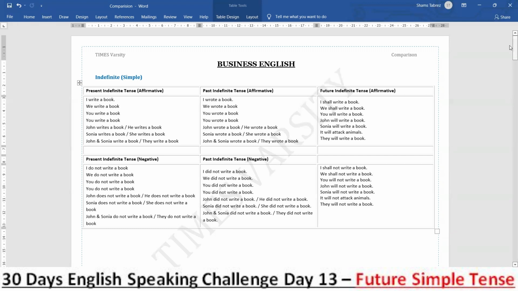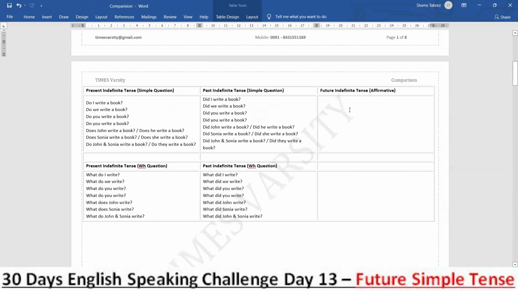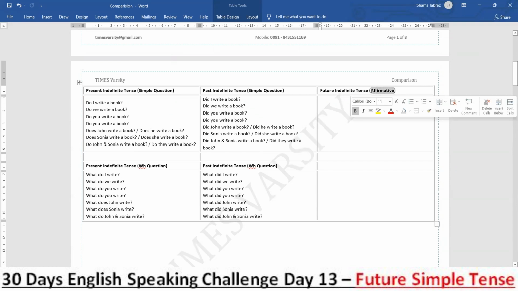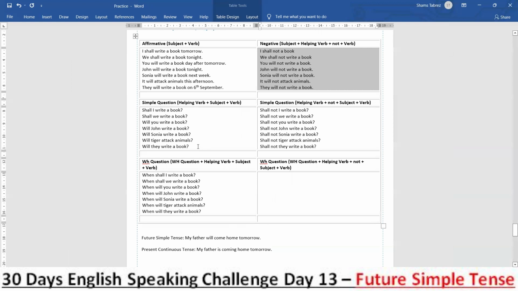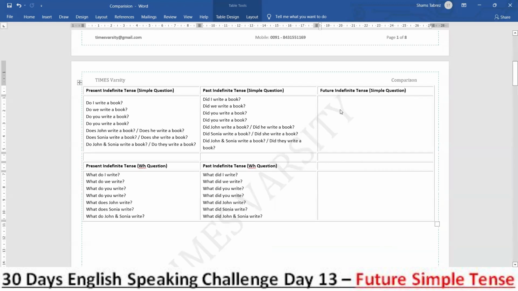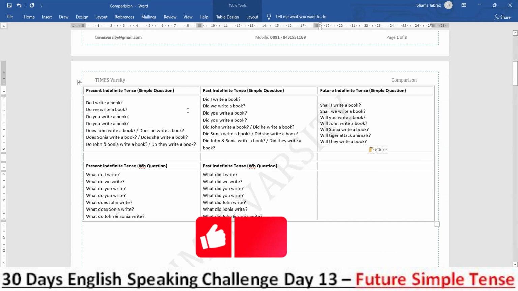Okay, now go to future indefinite simple question. Here we will make it and compare with the simple question. Again, you see here, in this case, same rule: first the helping verb, then the subject, then the verb, and then the rest of the sentence.